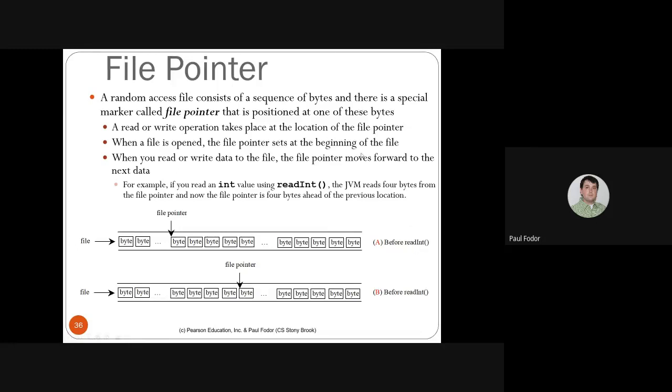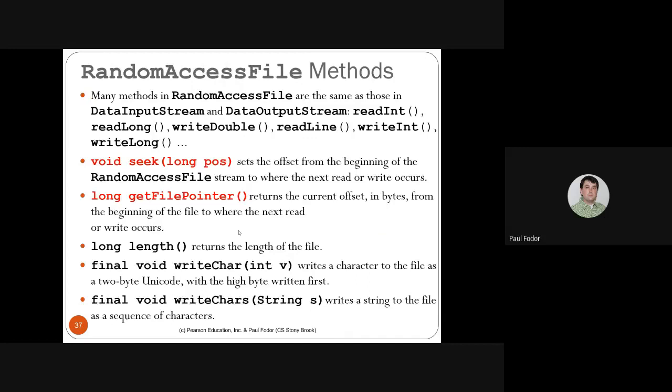So for instance, if you read an integer, that will increment the file pointer by 4 bytes, because to read an integer, Java reads 4 bytes from the file pointer. And similarly, if you write an integer, you will jump 4 positions. So the most important methods that we will discuss are seek and get file pointer.